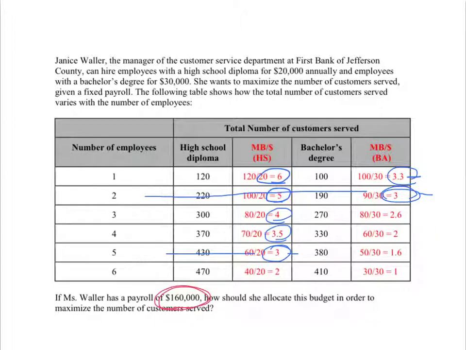We don't want to go under budget. So what are we going to do? What should Janice Waller do? Well, she should hire 5 high school diploma employees and 2 bachelor, we say they have a BA degree, and that will satisfy our budget and maximize the number of customers served.